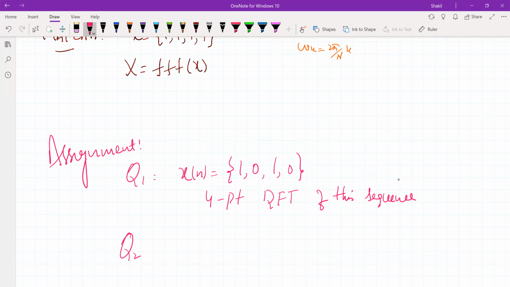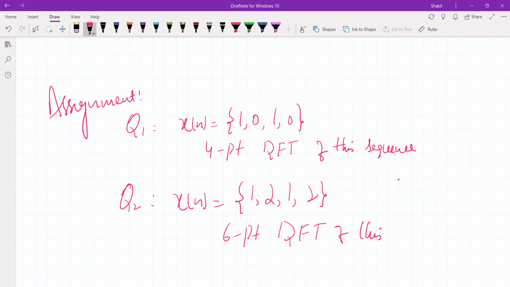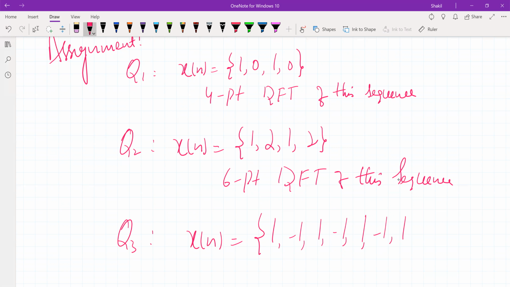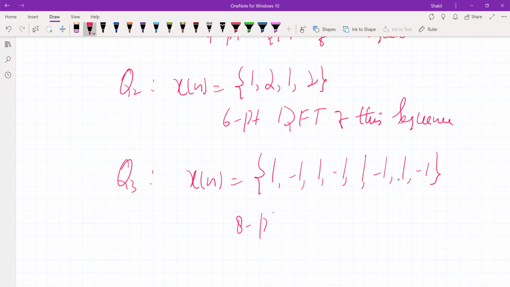The second question: when x of n is 1, 2, 1, 2, compute the 6-point DFT of this sequence. The third question: x of n is 1, minus 1, 1, minus 1, 1, minus 1. Compute the 8-point DFT of this.